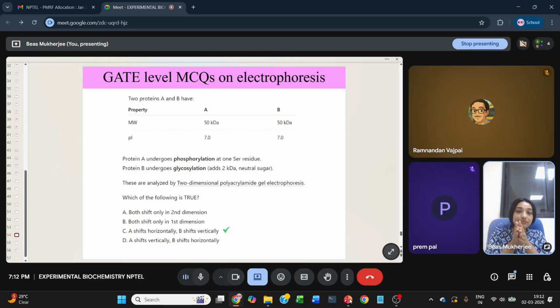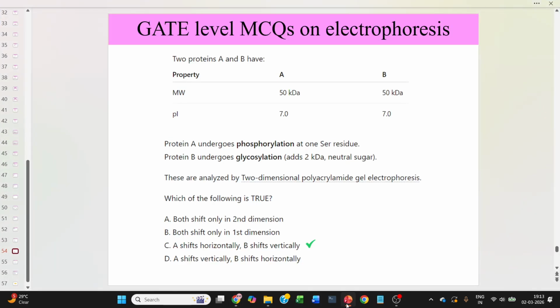So it is going to shift horizontally, right? So A is shifting horizontally, but then when it comes to B, 2 kDa is getting added due to the glycosylation. There is no change in charge. So it is going to not shift at all in the IF, but it is going to shift vertically in SDS, because the one that is having more mass is going to migrate slower. Correct? So that is why C would be the right answer.